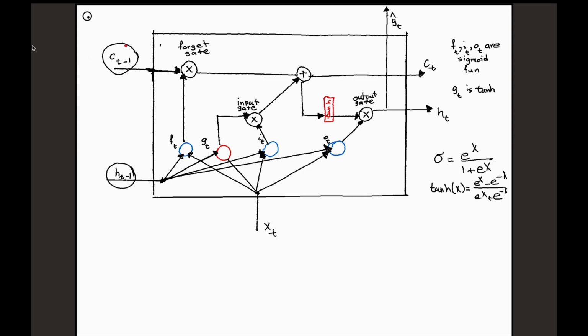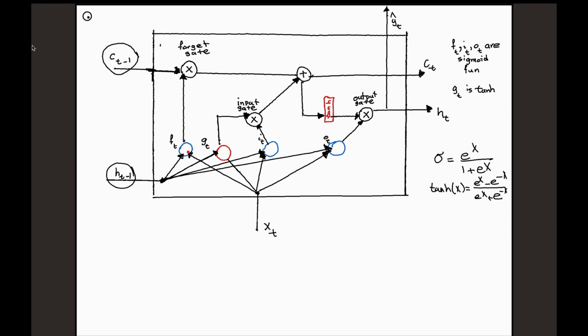Here, C(t-1) is whatever state we brought from the previous session. When you start, there's no state previously, so it's usually 0, almost always 0. Same for H. This is the long-term state, this is the short-term state. The short-term state alongside your input goes through a fully connected network into 4 different nodes.